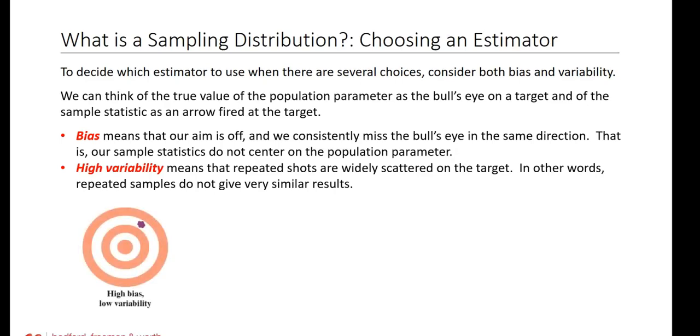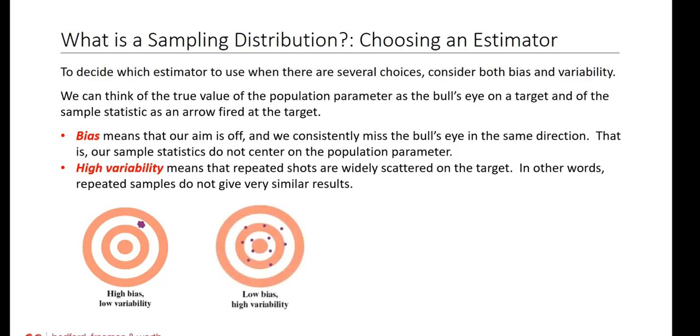Back to the arrow analogy: if you had high bias, so you're not aiming correctly, but low variability, all those shots are in one cluster, but it's not hitting the bullseye.